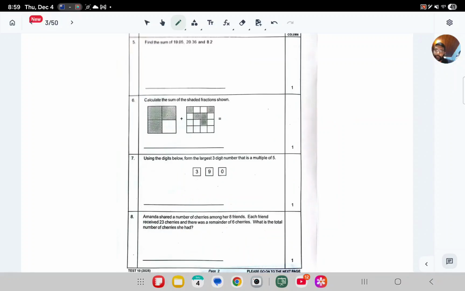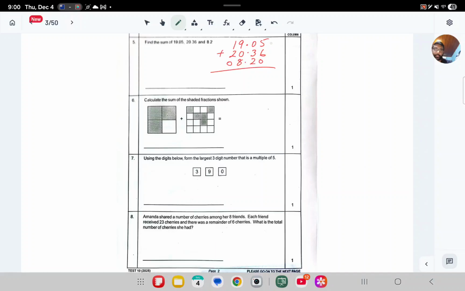Number 5, find the sum of 19.05, 20.36, and 8.2. So, addition of decimals, we line up the digits so that the decimal points will line up one under the other. 8.2, fill out the spaces with zeros, and we add.